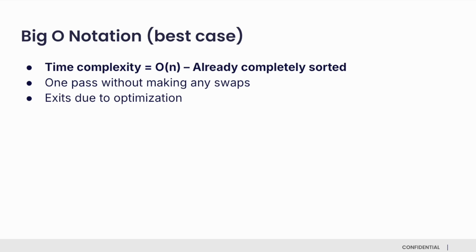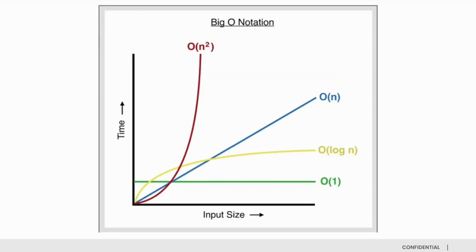Let's quickly take a look at how O of n and O of n squared compare when visualized on a graph. Big O notation is used to describe how the time complexity of an algorithm increases based on the input. So as we have our input size grow down here, input size meaning the size of the array, that time is going to grow as well.